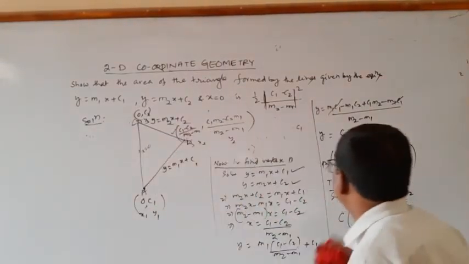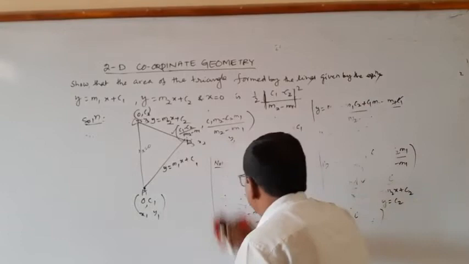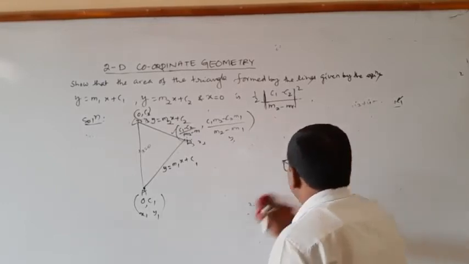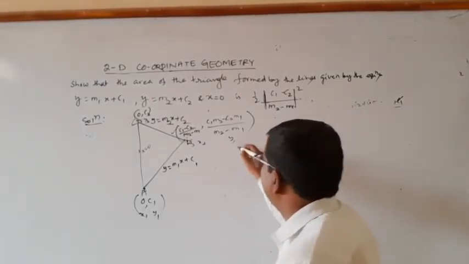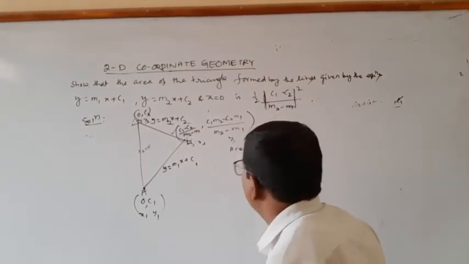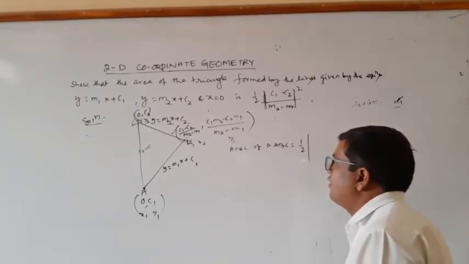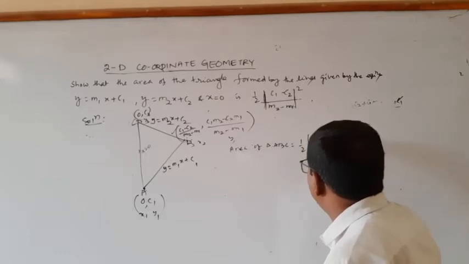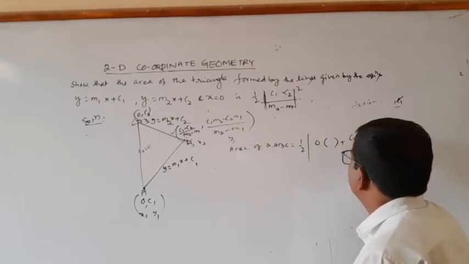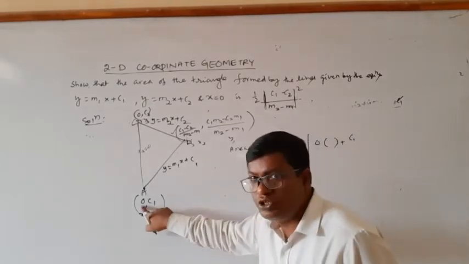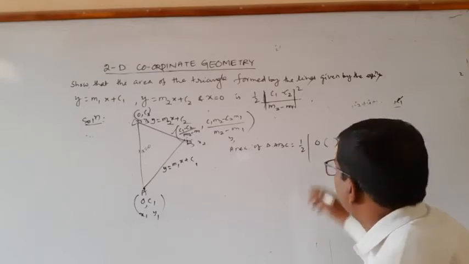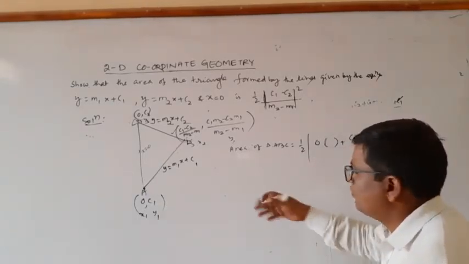The area of the triangle ABC is equal to 1 by 2 into mod of x1 into something, where x1 is 0, and 0 into any number is 0, so no need to write here, since one term is 0.